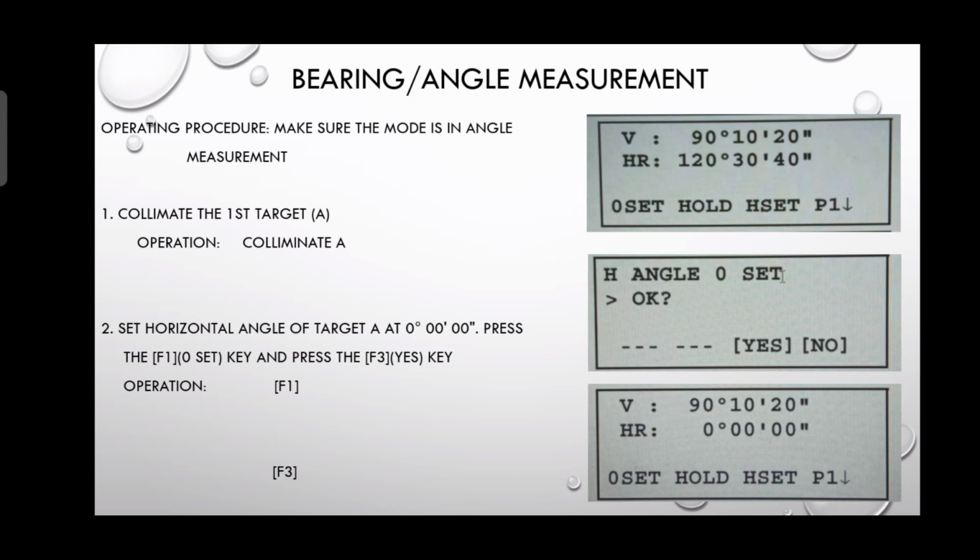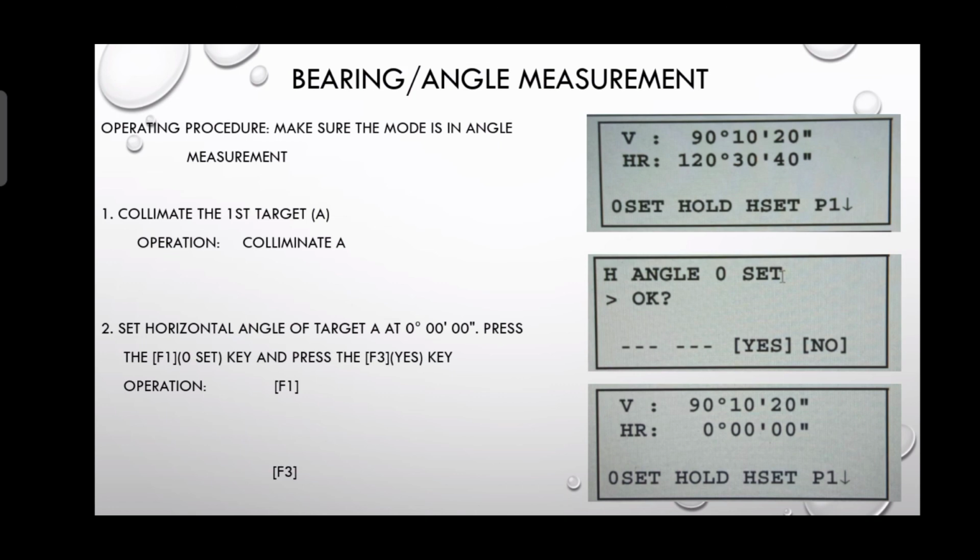Next step is set the horizontal angle of target A at 0 degree 00 minute and 00 second. Press the F1 or 0 set key and press the F3 for yes key. First press the F1 and display will be at the second picture, and press the F3 and the display will be at the third picture.